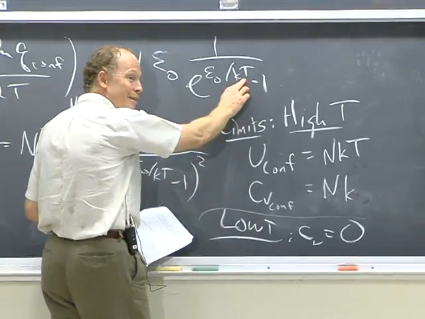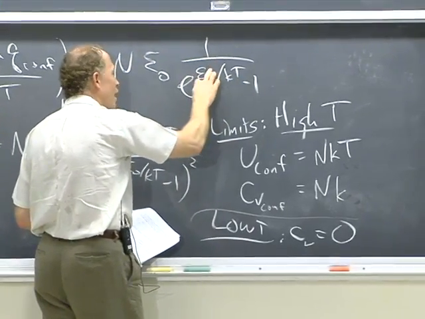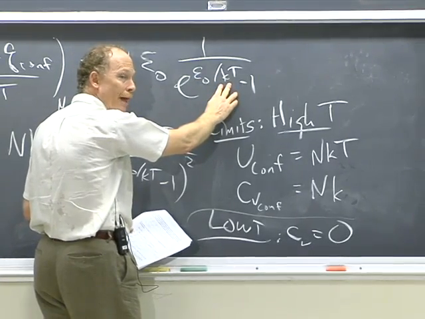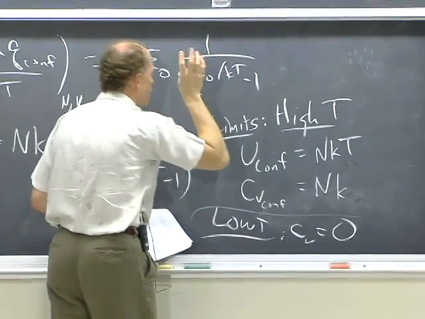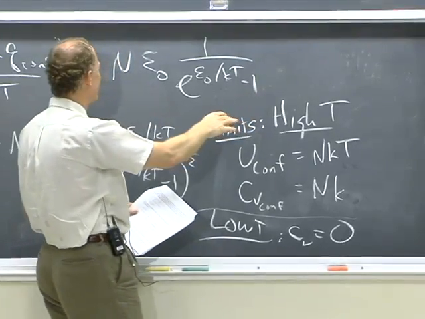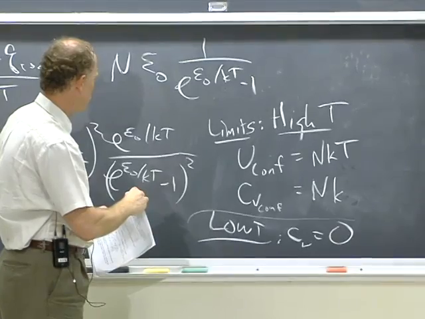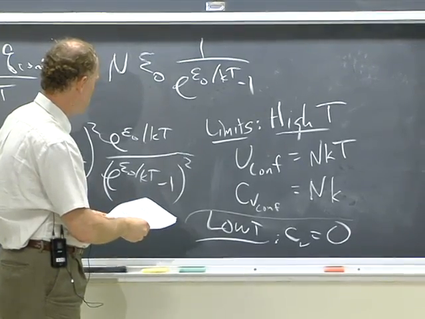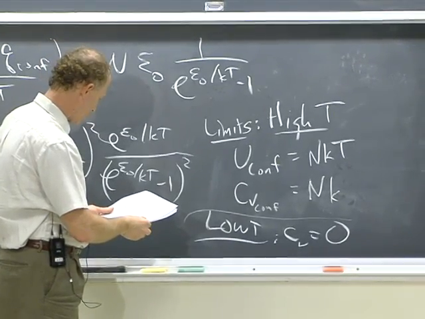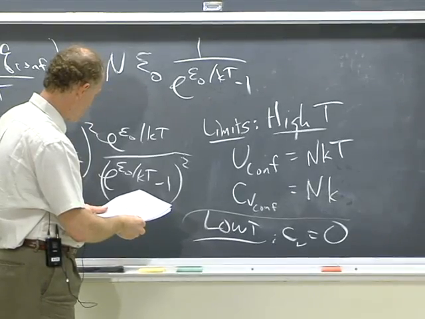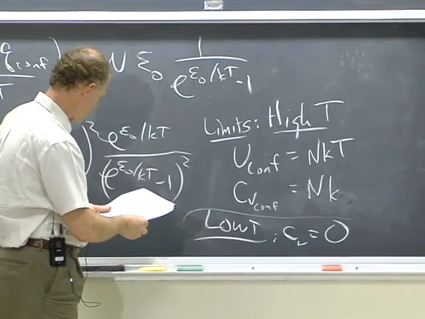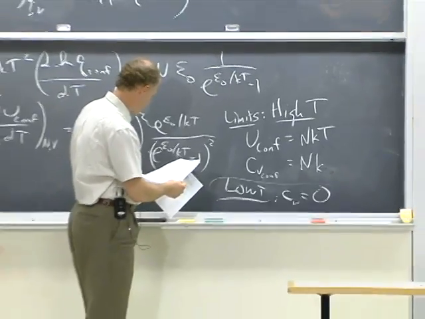This is nearly 0, so epsilon 0 is much bigger than kT in that case. This is big. This is negligible, right? Oh, wait a minute. Something's making me real unhappy. I can't have this right.